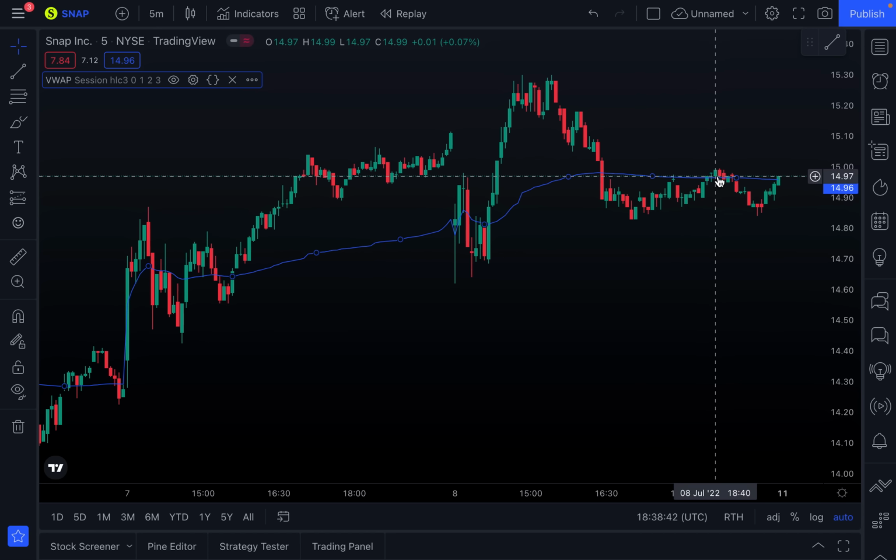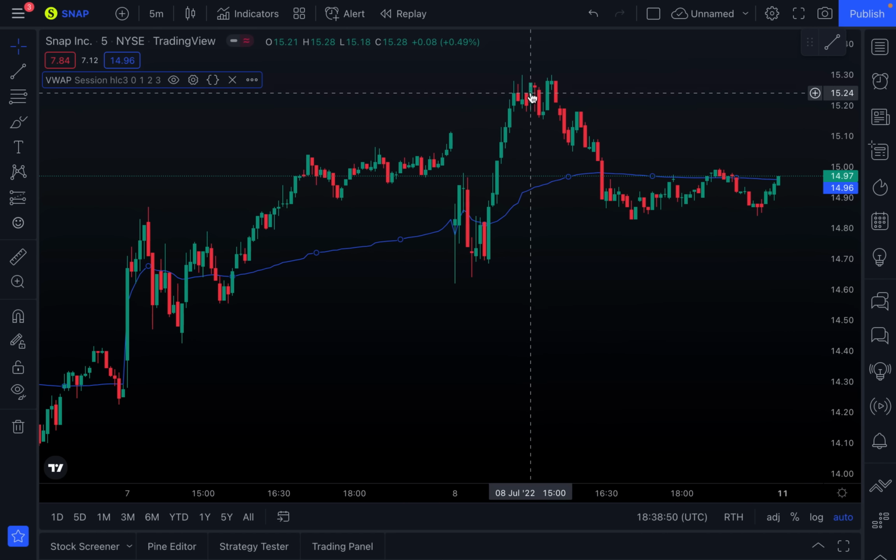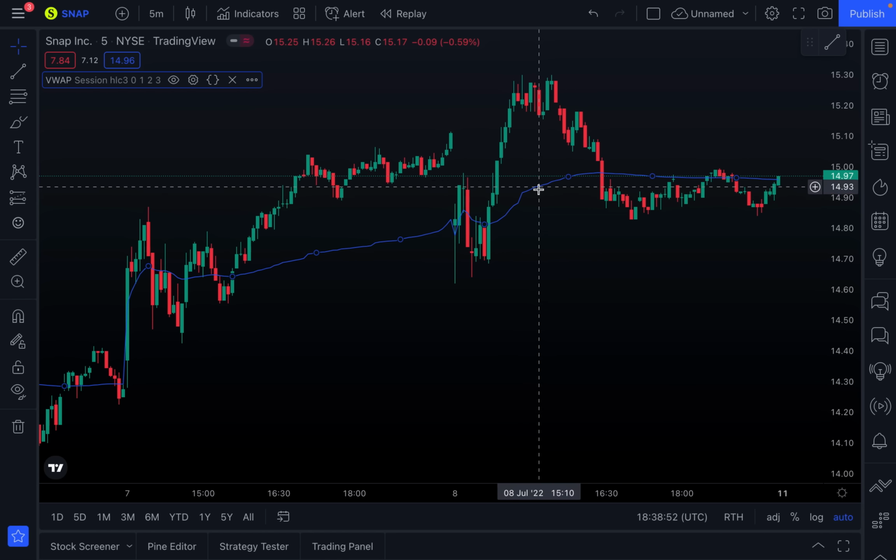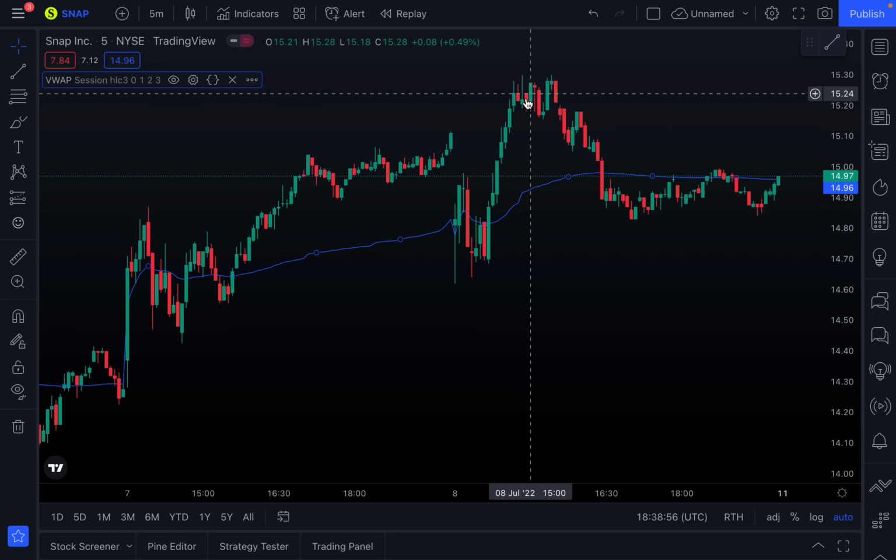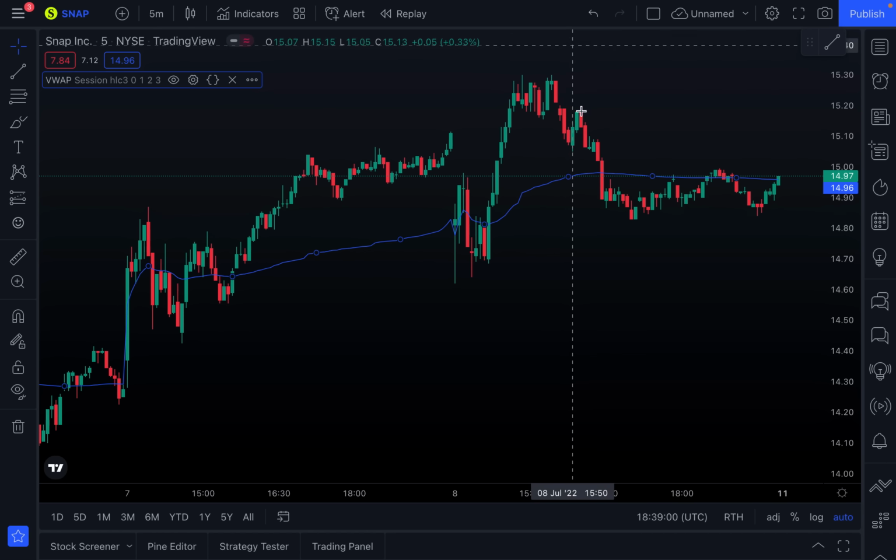The other reason Wall Street uses this is to make sure that they don't disrupt the markets, okay? So for example, if the price was up here yesterday and VWAP was right down here, the investment manager probably didn't want to buy at this point, because this would have caused the price to go even higher and deviate even further away from the VWAP, causing a disruption.